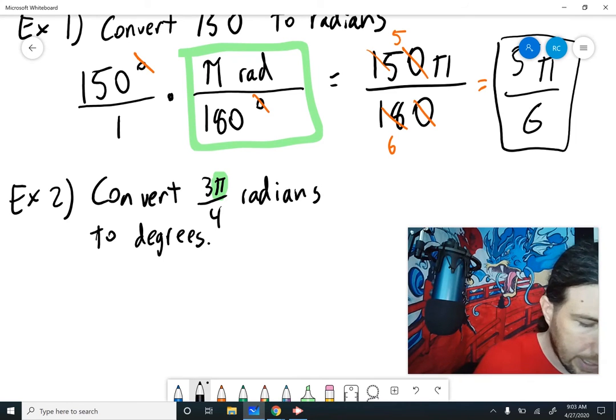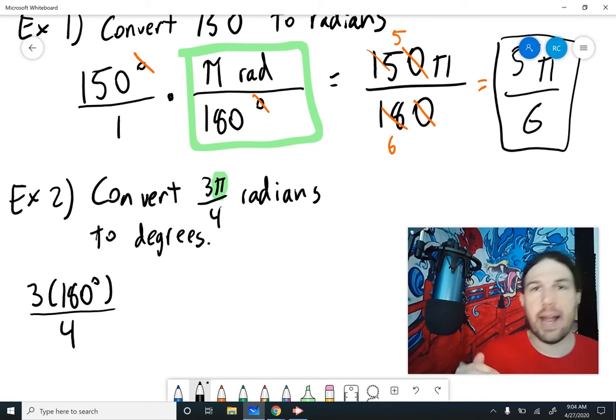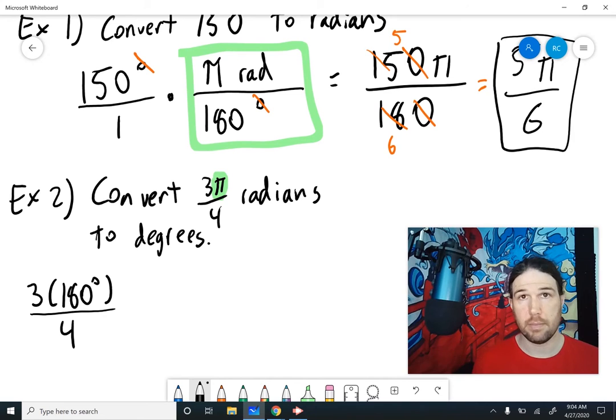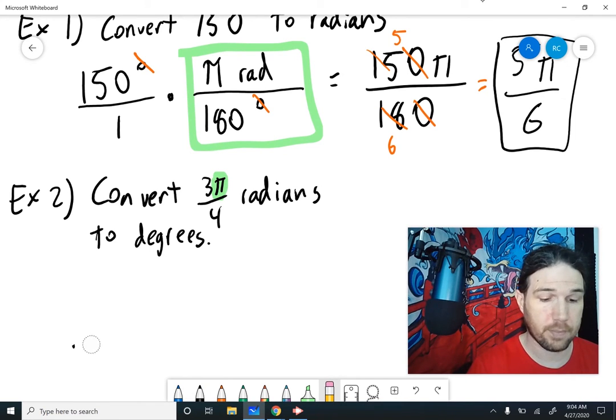We can say that this is 3 times 180 degrees over 4, and then we can go from there. Okay? So anytime you're converting radians to degrees, if there is a pi in the radians, you can just take out the pi and substitute in 180 degrees. That will work. But I'm going to go ahead and do this the proportions way.